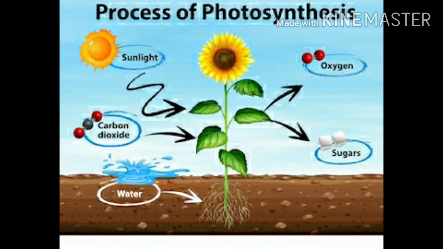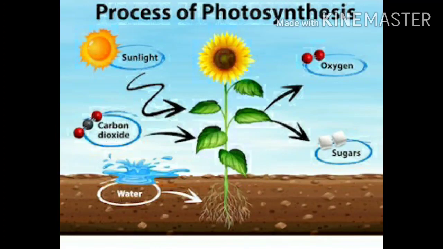We breathe in which gas? Oxygen gas. And give out which gas? Yes, carbon dioxide gas. So from where do we get oxygen? Because in the environment 21% oxygen is present. As the population is growing fast, we need more and more oxygen, and for this we are depending on plants.